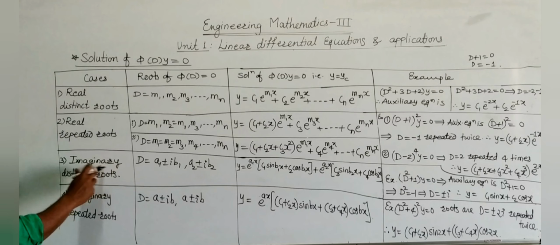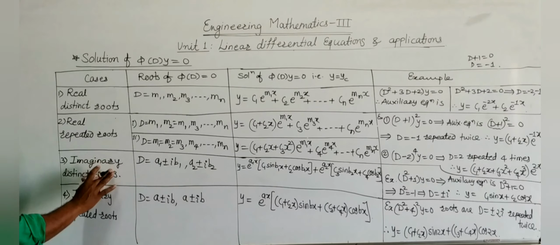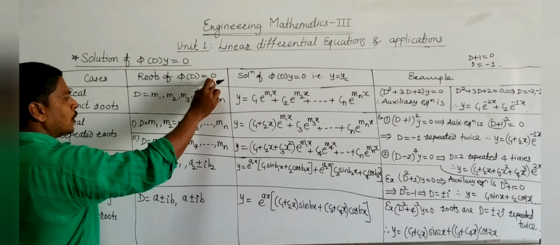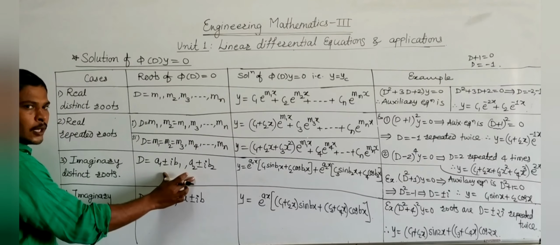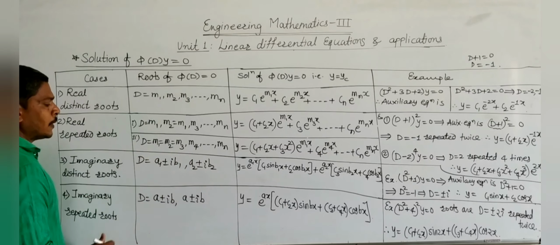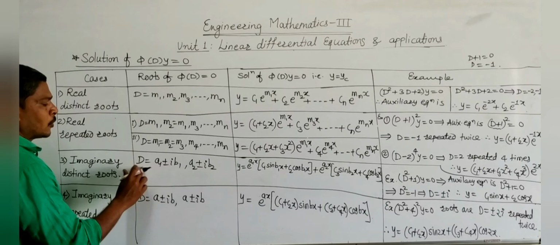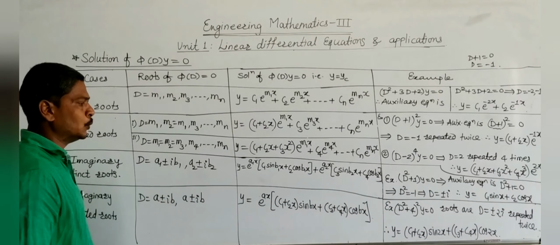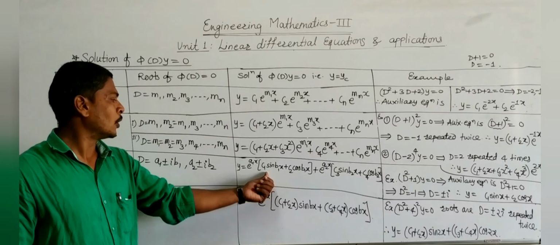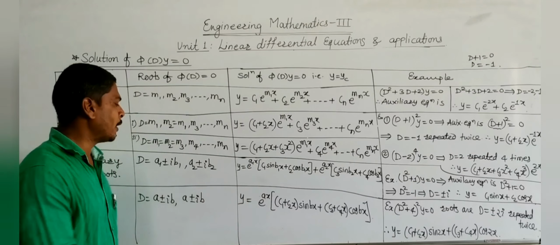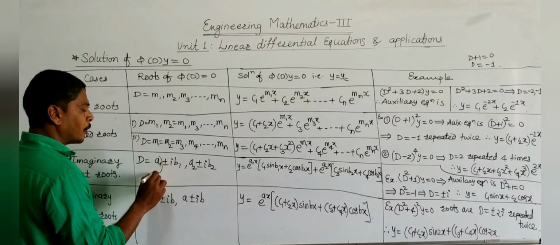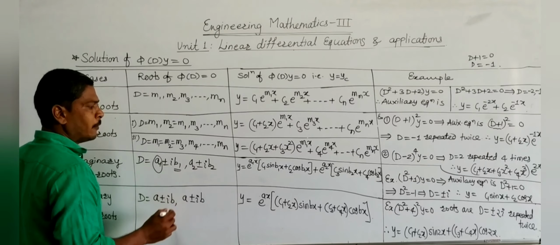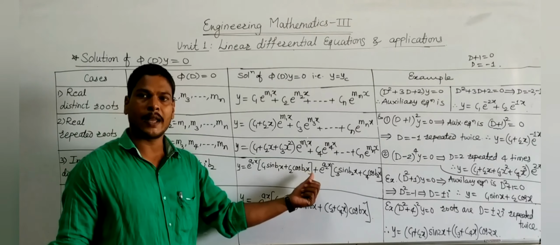Now the third case is if roots are imaginary and distinct. By solving the equation phi(D) equal to 0, if we get imaginary distinct roots, suppose here the roots are a1 plus minus i b1 and a2 plus minus i b2. In that case the solution becomes y equal to e raised to a1x, that means the real part is in the power of e and the imaginary part, which is b1, is in the angle of sine and cos.